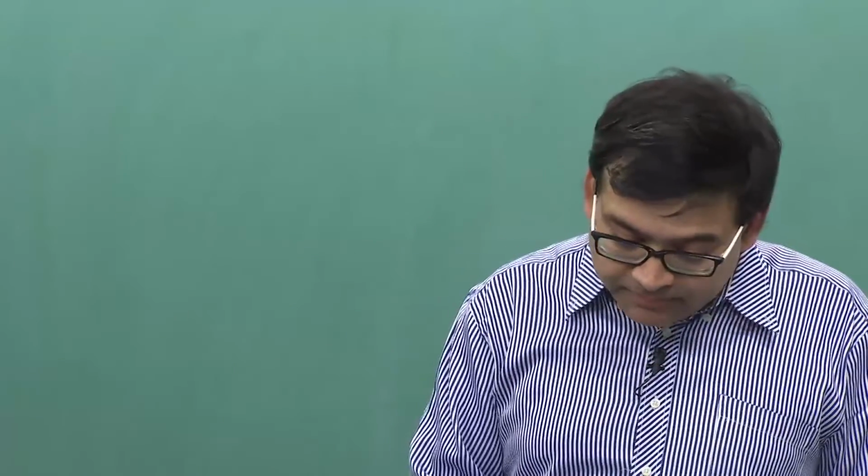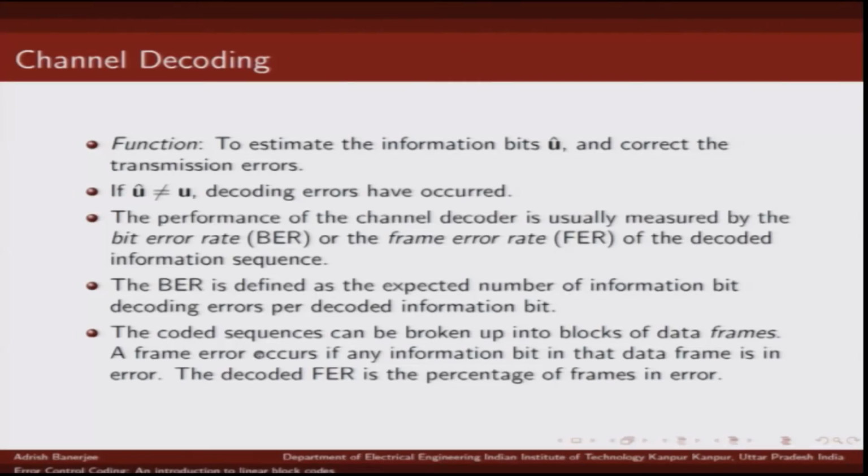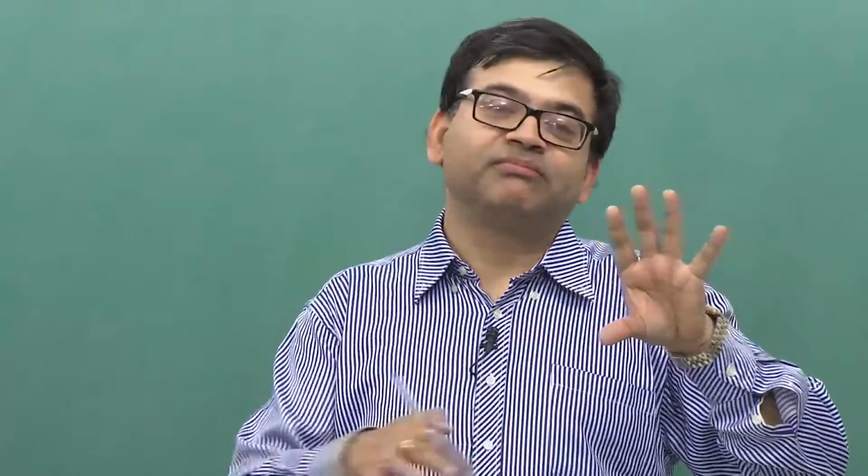So, a frame error occurs if any of the bits in your data frame or packet is received in error. It is the percentage of frames that are in error. This is known as frame error rate. When we compare the performance of different error correcting codes, we plot bit error rate or frame error rate on the y axis versus signal to noise ratio.